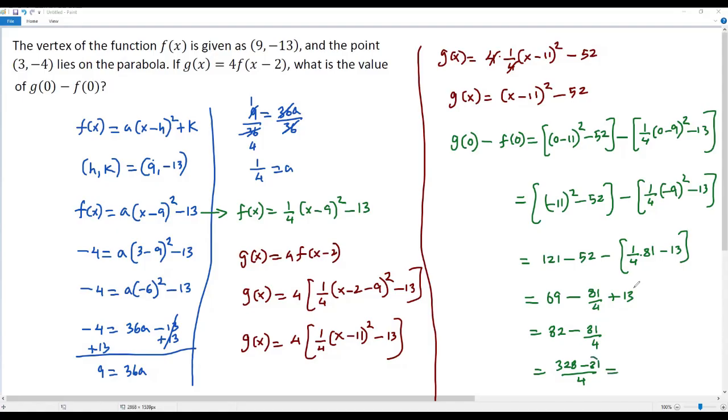When I subtract 81 from 328, I am getting 247, and in the denominator we have 4. So 247/4 is the value of g(0) - f(0). Or we can get the decimal value of this fraction, which is 61.75. So therefore the value of the expression g(0) - f(0) is 61.75.